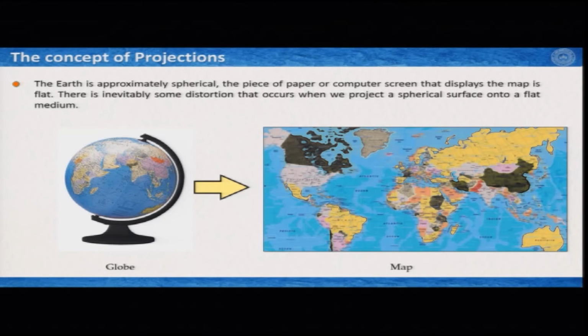Now, the stretching or deformation of this globe or pieces of this globe is the concept of projection, and you do not do the stretching randomly, you do it using some mathematical relations, mathematical formulations, and therefore you achieve the projection of the map on a flat surface from a globe.